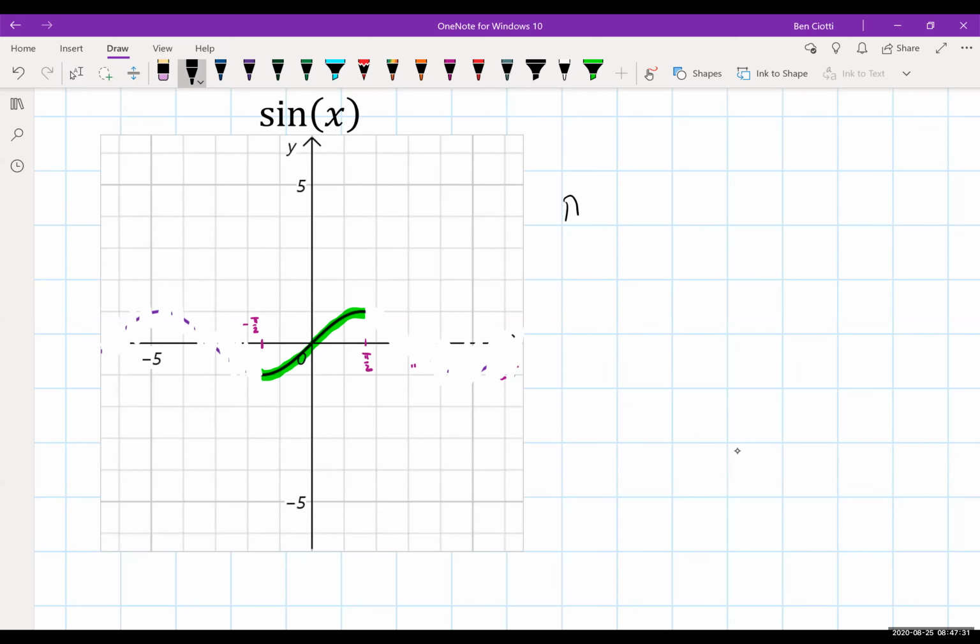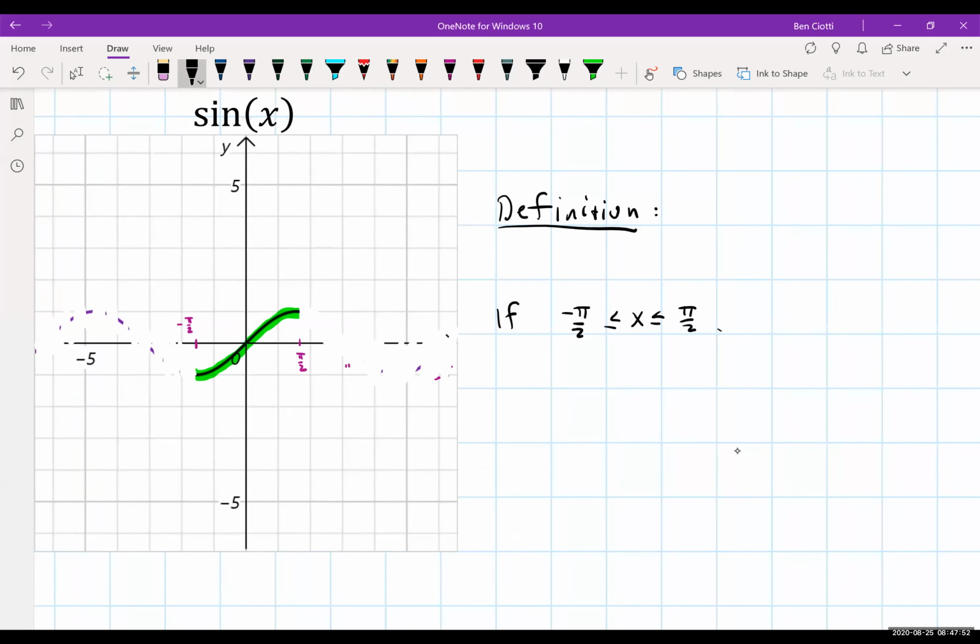So here is the definition. If x is between negative pi over 2 and positive pi over 2, then sine of x equals y means sine inverse of y is equal to x.